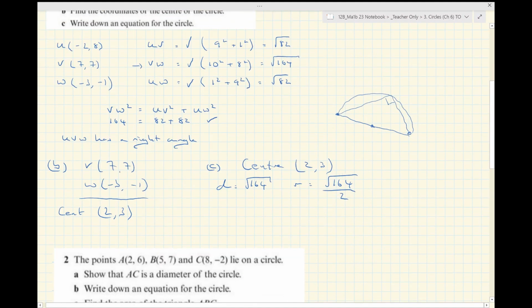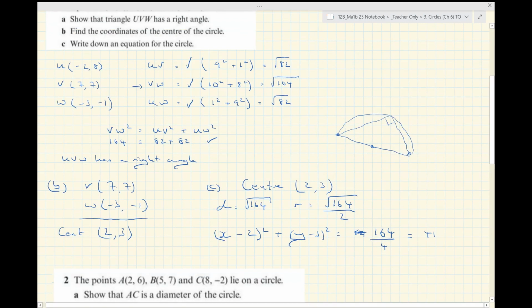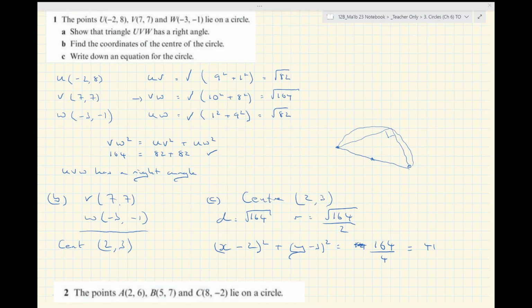So the equation of the circle is x minus 2 squared plus y minus 3 squared equals the radius squared, 164 over 4, which gives me 41. So the equation of the circle is x minus 2 squared plus y minus 3 squared equals 41. And that is question 1 sorted out.